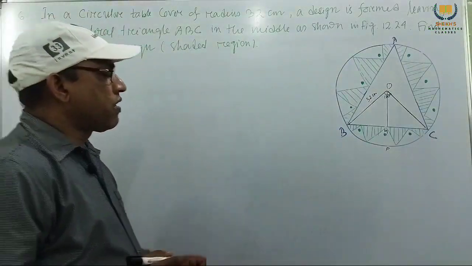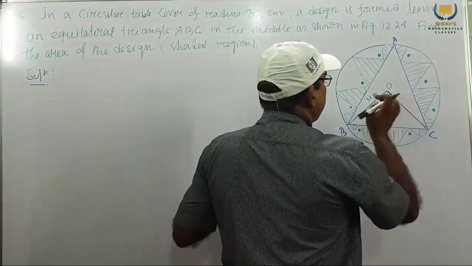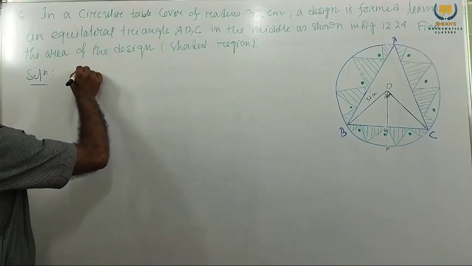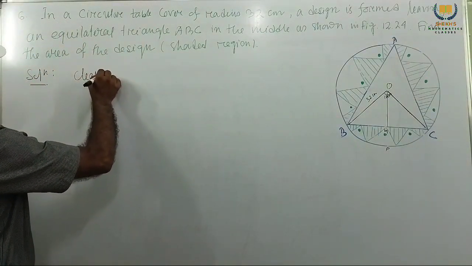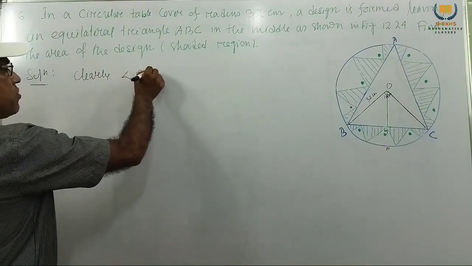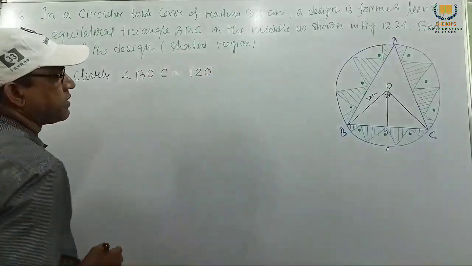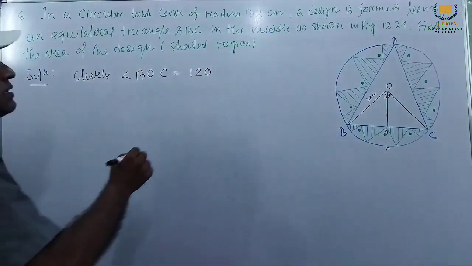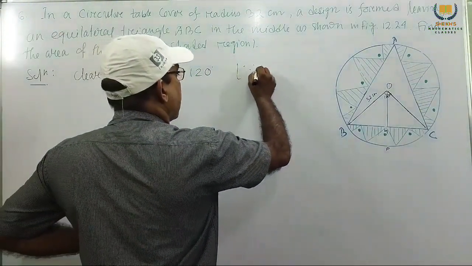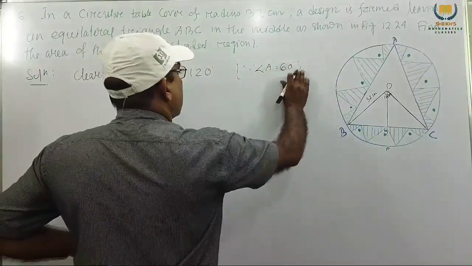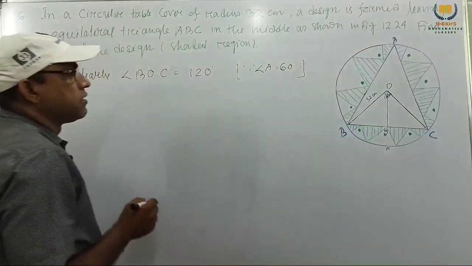Now we want to show that these two triangles are congruent. Clearly angle BOC equals 120 degrees, since angle A equals 60 degrees.